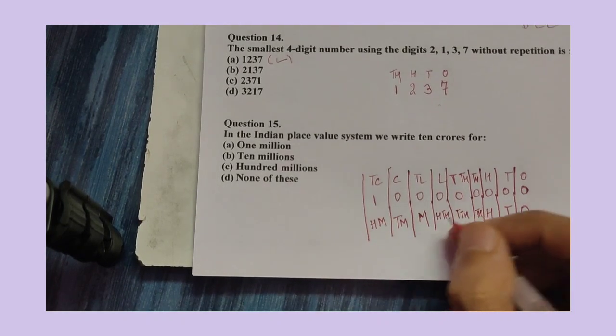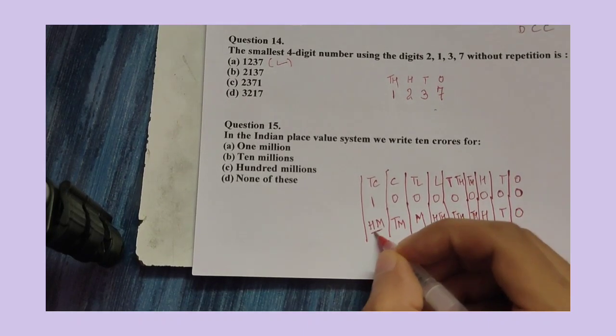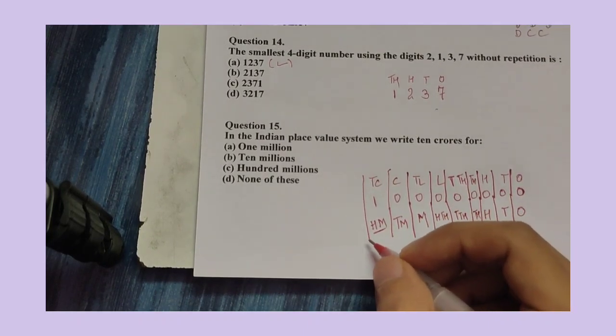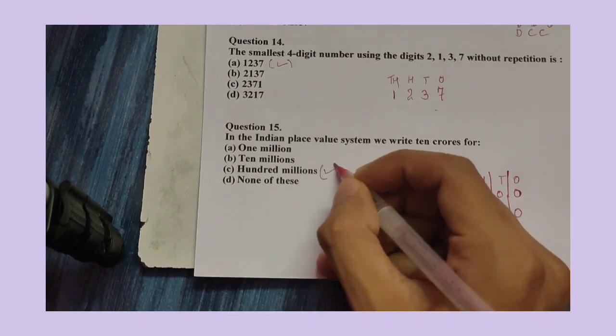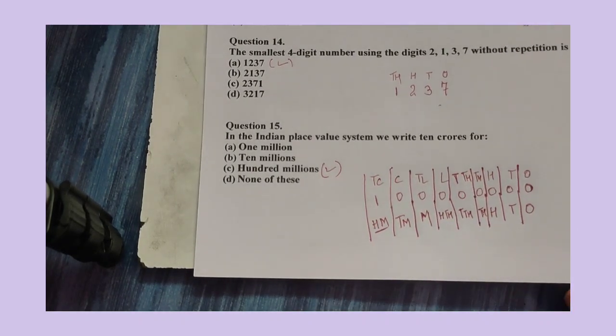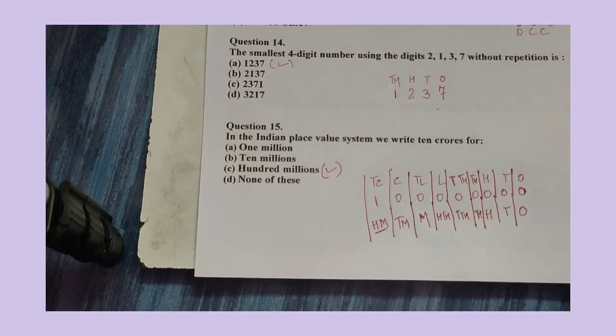So 10 crore represents which place value in the international system? 100 million. So the correct option will be option C, that is 100 million.